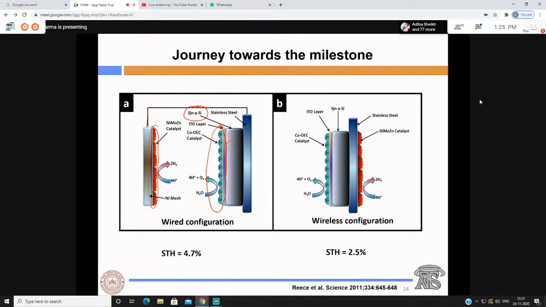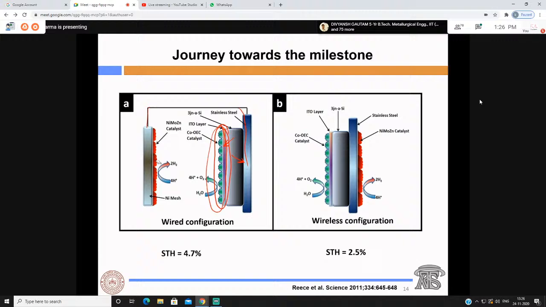The hole moves towards the exposed surface of the solar cell, and the electron moves the other direction to the current collector, and from the current collector it moves to the other electrode where hydrogen evolution takes place. So the oxygen evolution happens at the solar cell surface itself, and the hydrogen evolution happens at the other electrode.